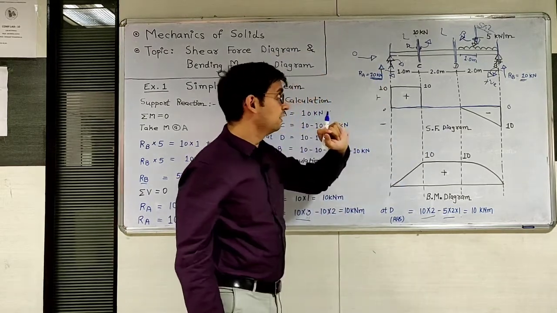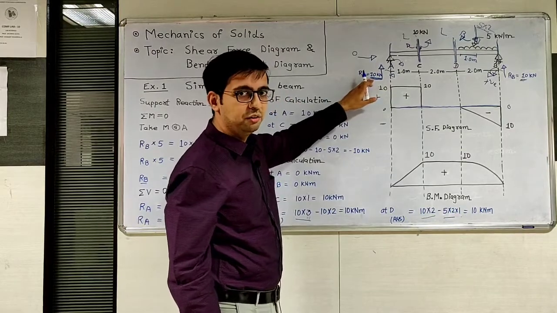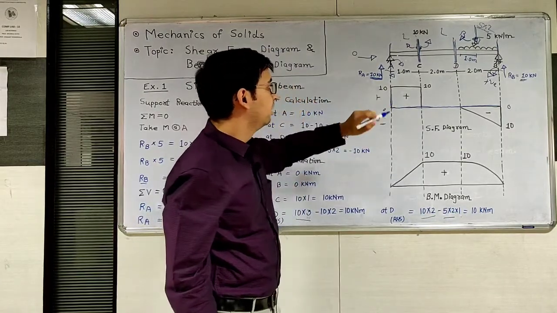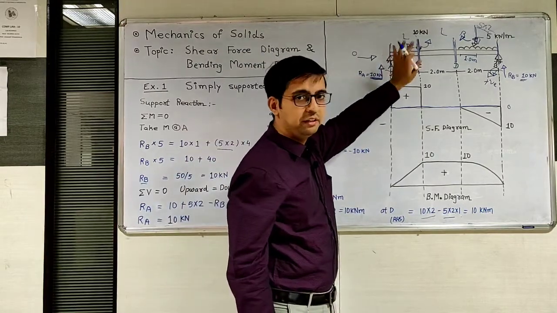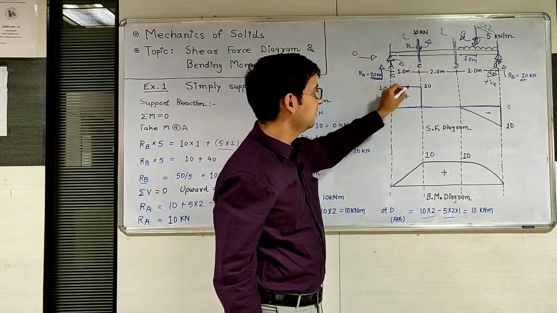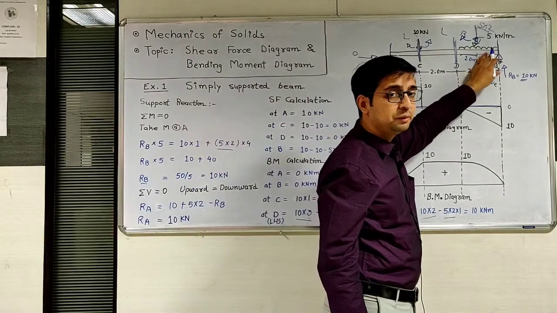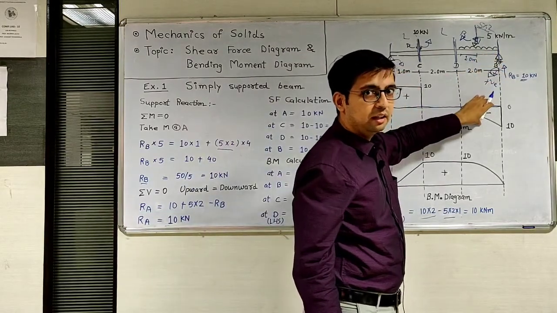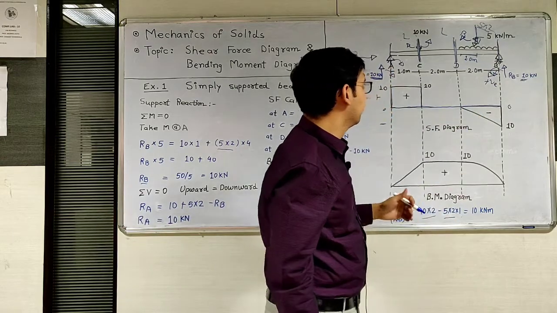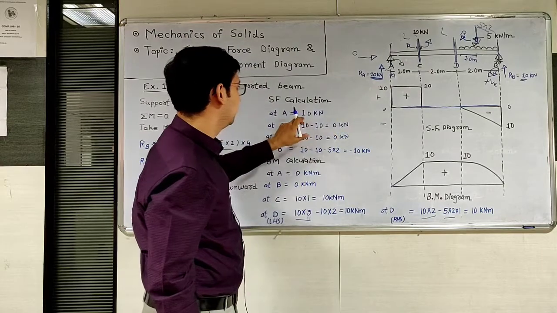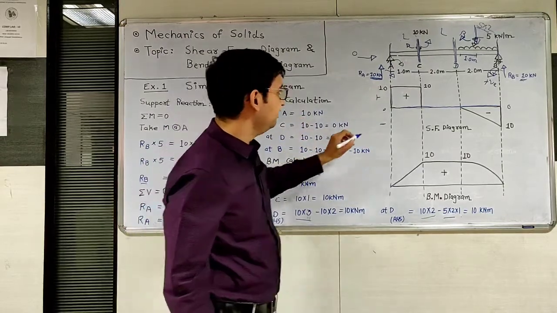So now the rule is, for a point load the shear force diagram is a vertical line. Next, for no load between points the shear force line is horizontal, and for uniformly distributed load this will be a linear incline.